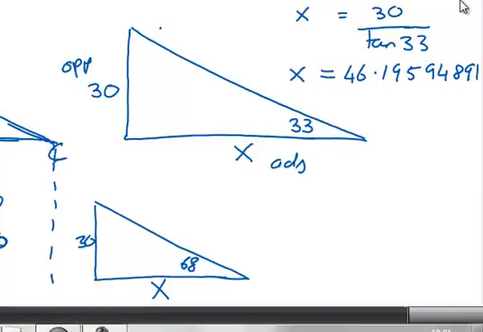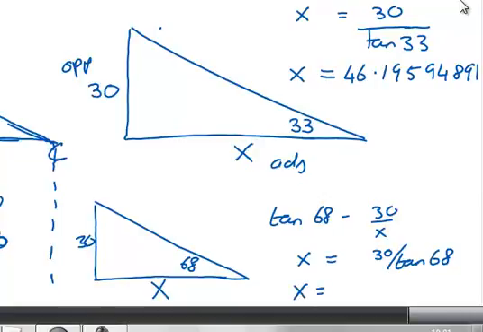It'll be the exact same thing, it's going to be tan. So the tan of 68 is equal to 30 over x. So that means x is equal to 30 over the tan of 68. x is going to equal 12.12078678. So long enough. Okay lads, I'm just going to start a fresh page.